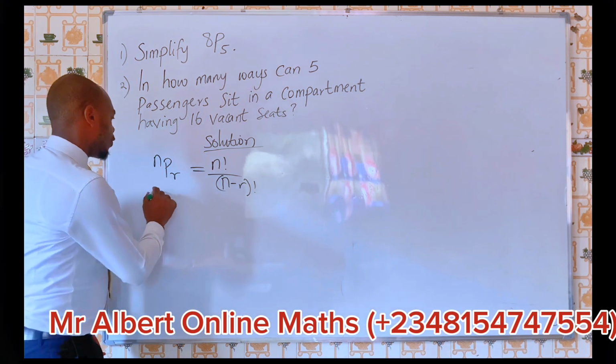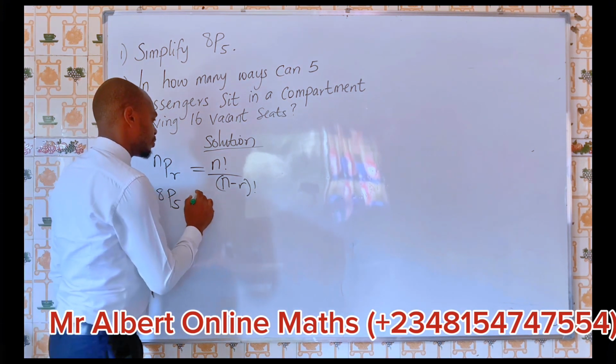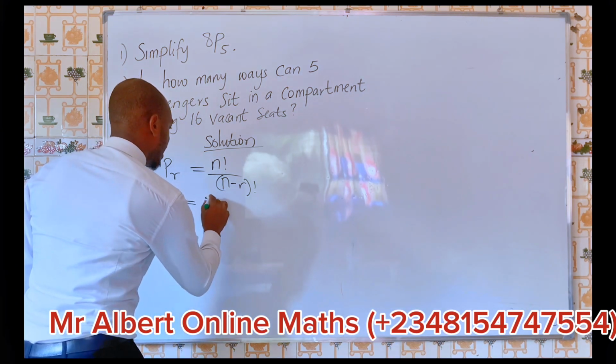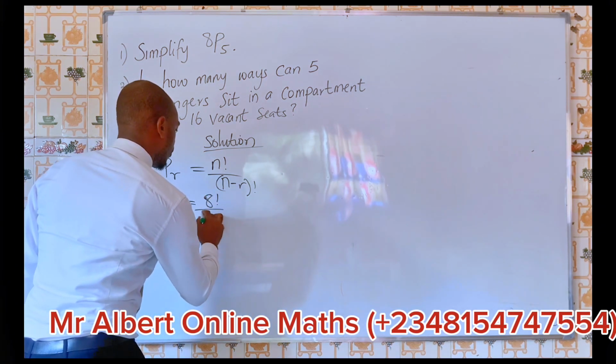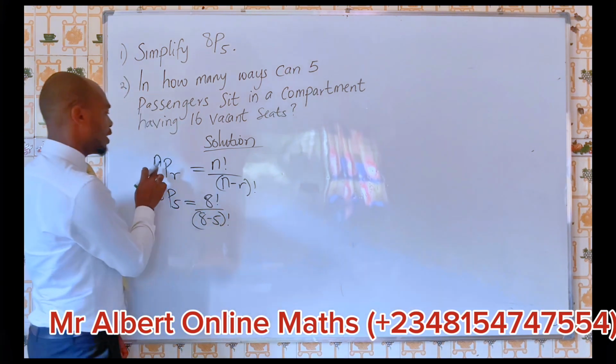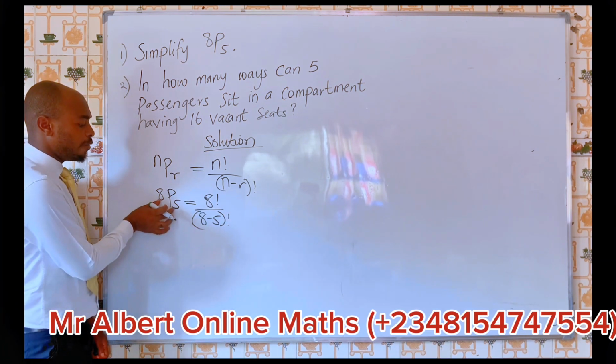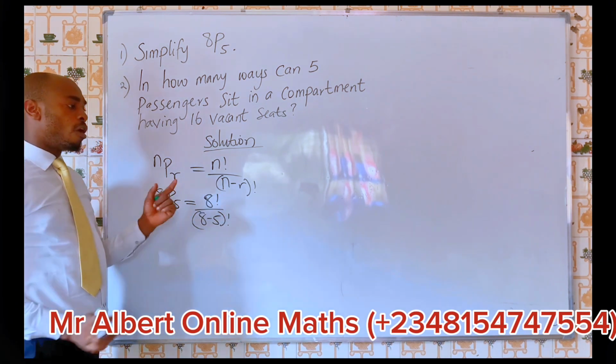So at this point, 8 permutation 5 is 8 factorial all over 8 minus 5 factorial. Please let us follow this. The first number, 8 factorial, all over what? We take the factorial of the difference of the 2.